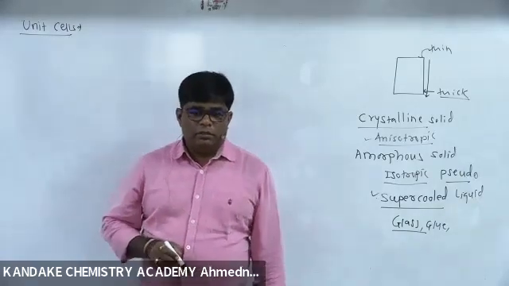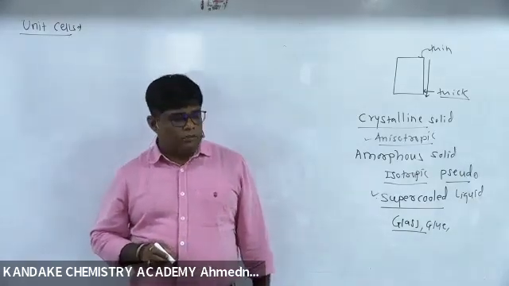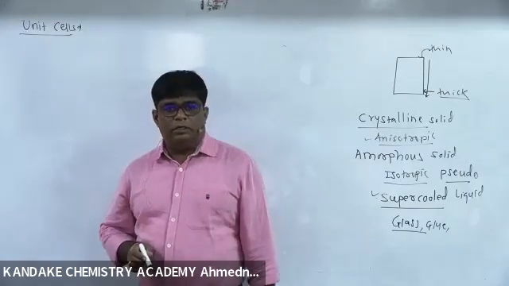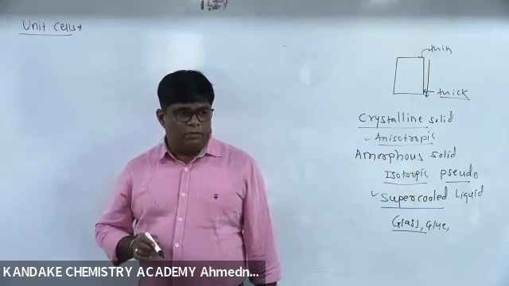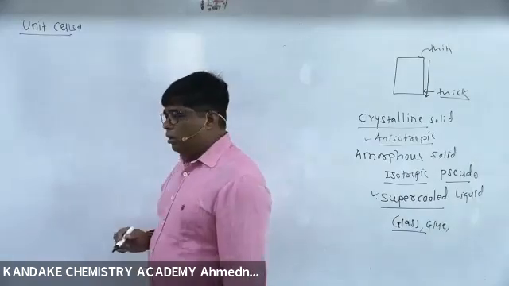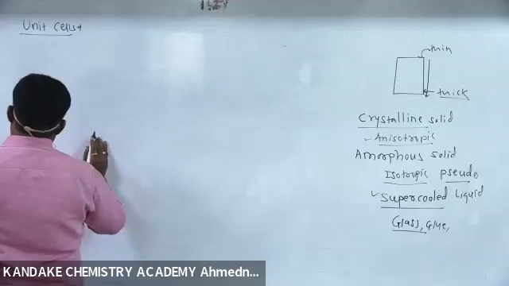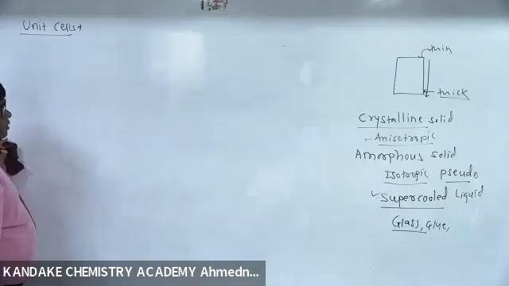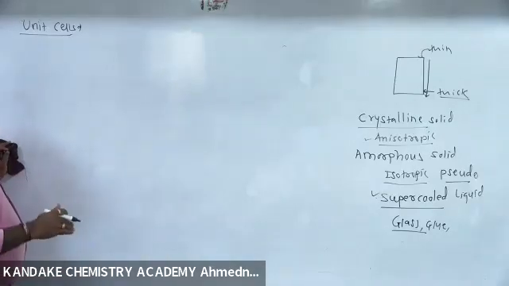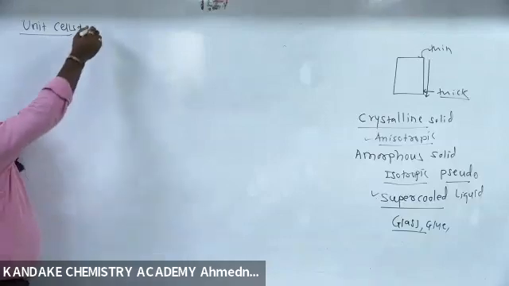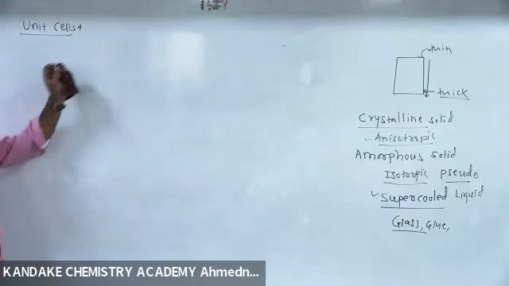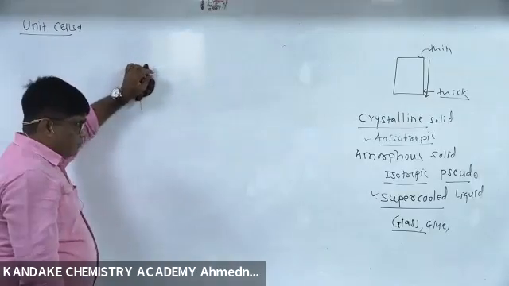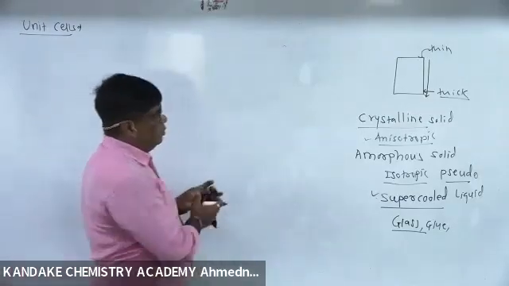Now when you're talking about this crystalline solid, here particles are orderly arranged. Crystalline solid consists of a number of repeating units, and those repeating units are very small, very tiny, and this is the structural part of that crystalline solid. मी आज तुम्हाला 2-3 वेळेस सांगितलंय.